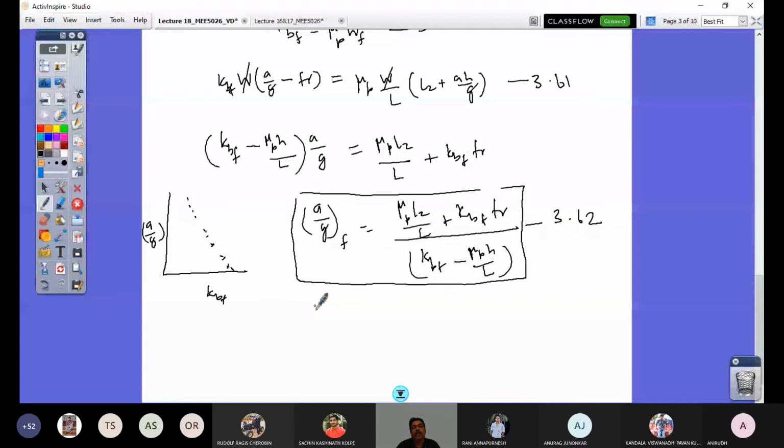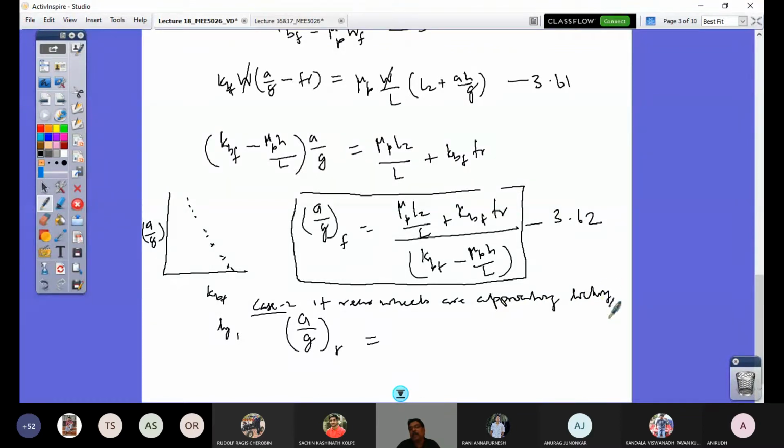Similarly, I can derive the expression for A by G associated with the rear wheel lock first. So that's case 2. If the rear wheels are approaching locking, when is that possible?